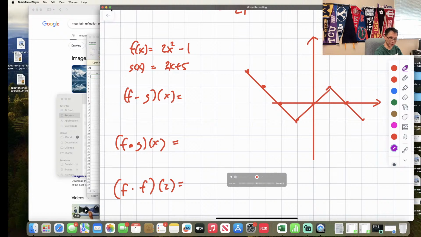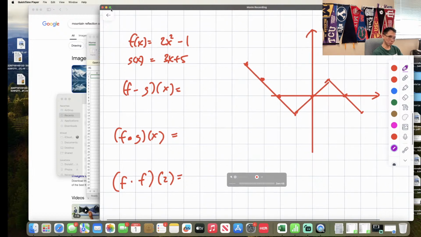We're going to name this h of x, and we're going to ask another question. So we're going to have to connect the functions and graph, and you're going to learn how they interact with each other.